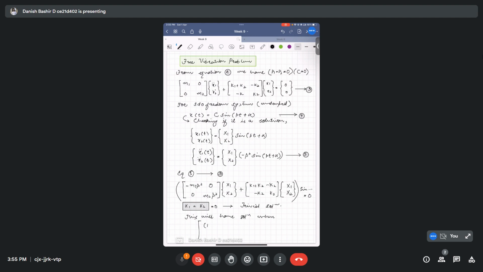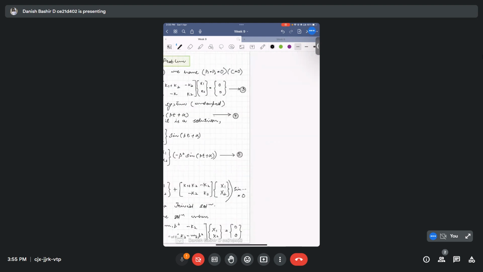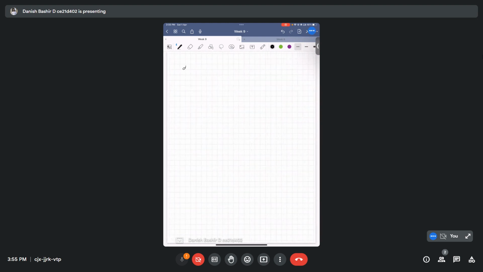It is k1 plus k2 minus m1 p square, minus k2, minus k2, k2 minus m2 p square, times x1 x2, should be equal to 0. So for a non-trivial solution, the determinant of this matrix should be 0. That is, the determinant of k1 plus k2 minus m1 p square, minus k2, minus k2, k2 minus m2 p square should be equal to 0.